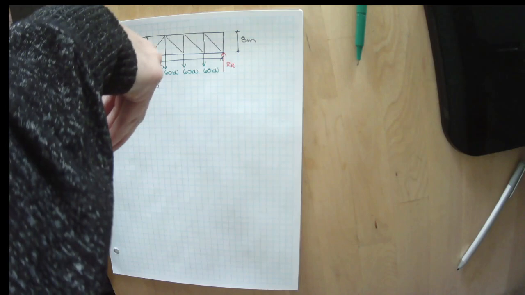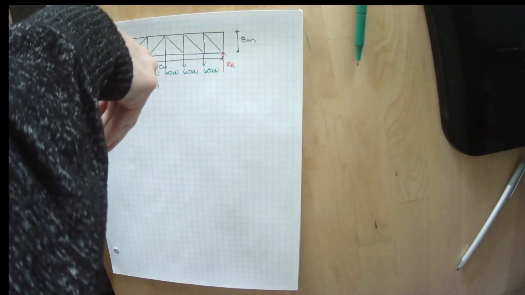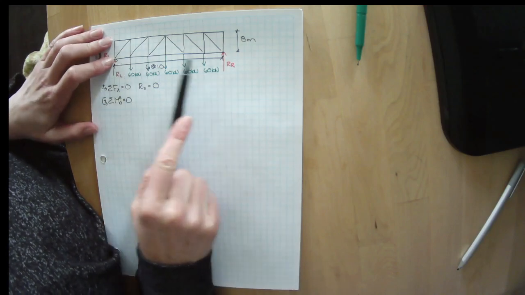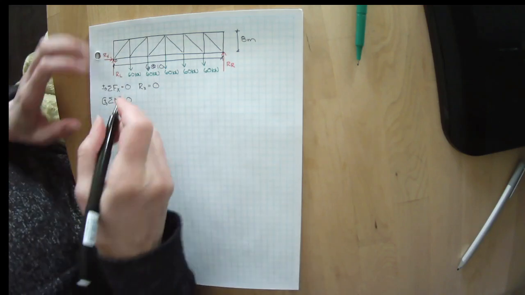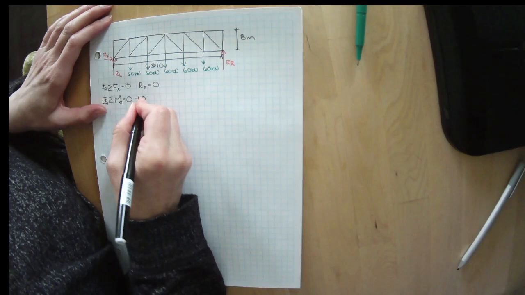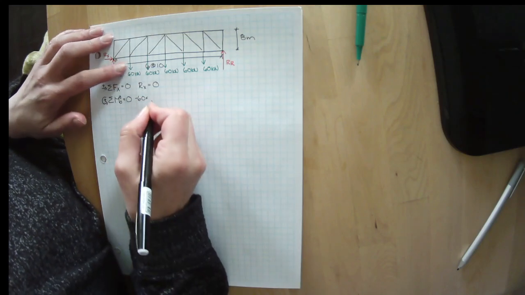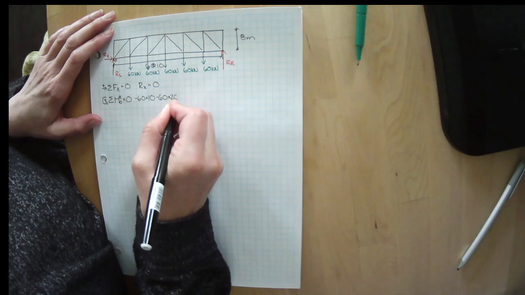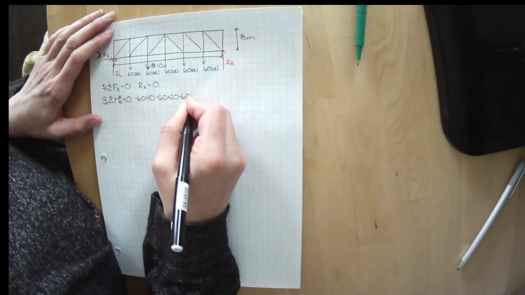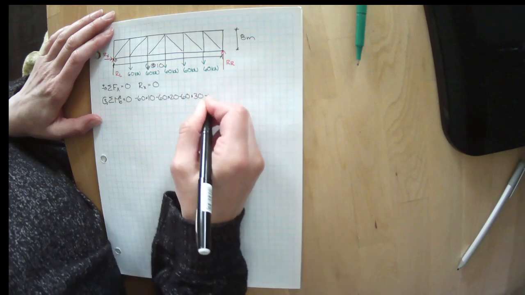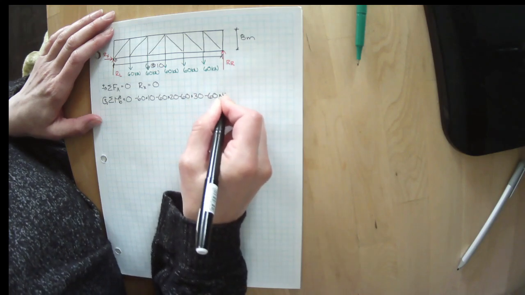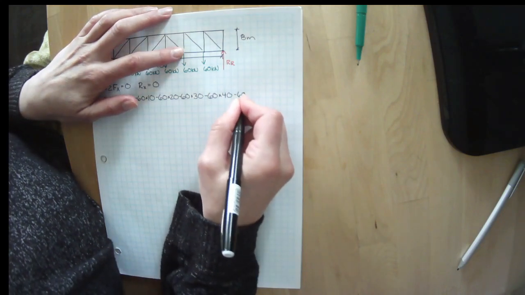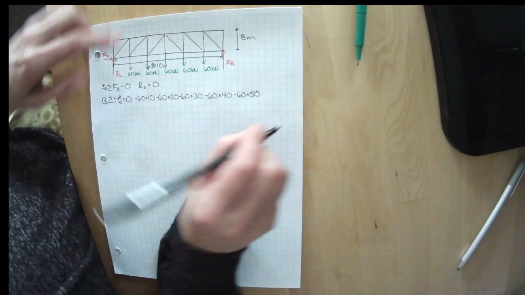I have 60 kilonewtons trying to spin it in that direction, or the negative direction, and I have that a few times getting farther and farther away. So I have minus 60 times 10, minus 60 times 20, minus 60 times 30, minus 60 times 40, minus 60 times 50.